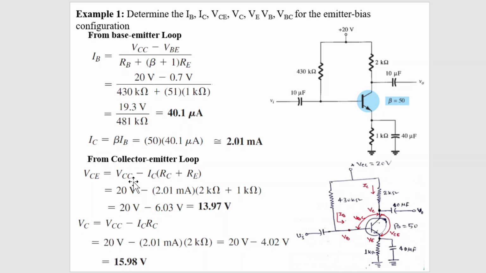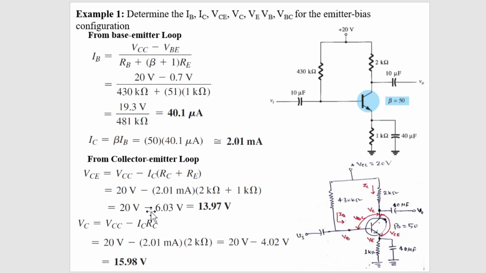So VCC is known, IC we have calculated, RC is known, 2 kilo ohm, RE is 1 kilo ohm. So 20 minus 2.01 milliampere in bracket 2 kilo ohm plus 1 kilo ohm, that is 3 kilo ohm. If you solve it, that will give 6.03 volt.